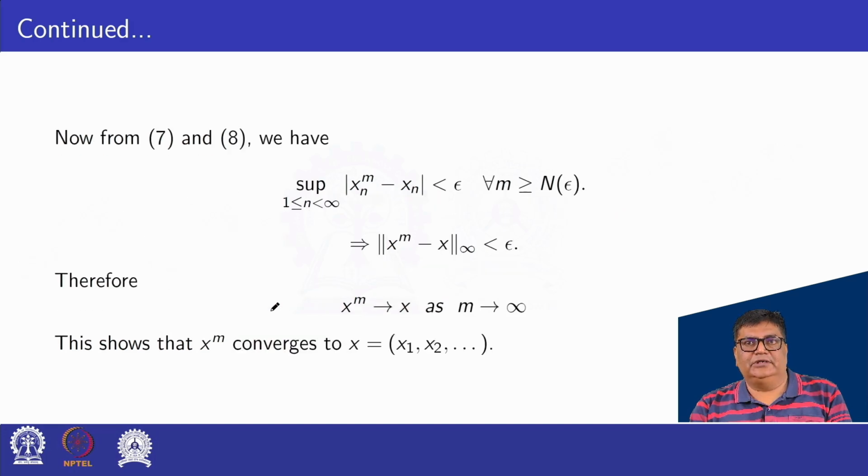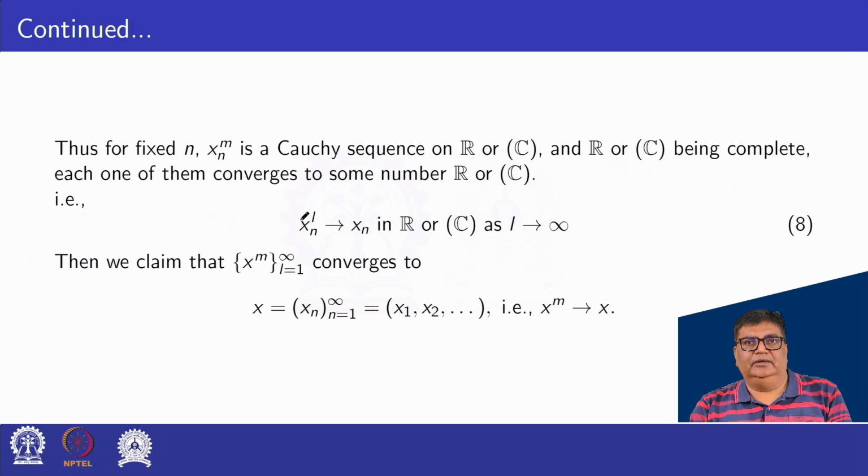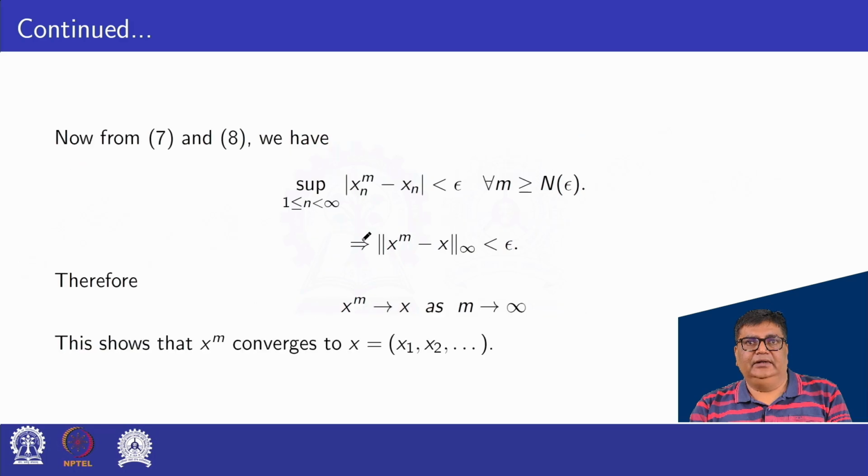Now using equations 6 and 8, x_ln converges to the point x_n, then we have norm x_m minus x less than epsilon. Since the supremum over 1 less or equal to n less than infinity of mod x_mn minus x_n is less than epsilon, mod x_mn minus x_n is also less than epsilon.